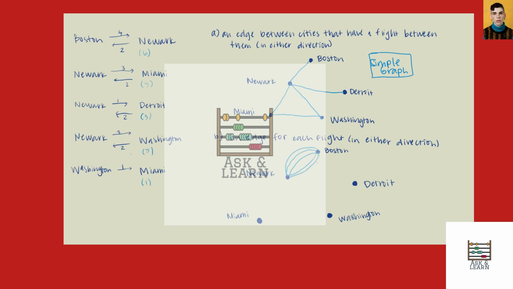Something that you want to keep in mind as you're drawing these in is that you do want to leave space between each of the edges so that you can tell that there are multiple lines there. So that is 5 total. Between Newark and Detroit, it's 3.